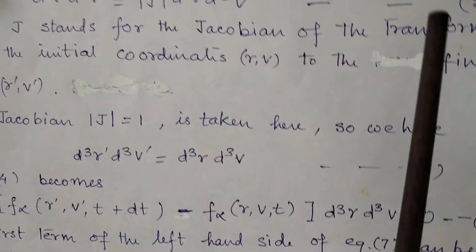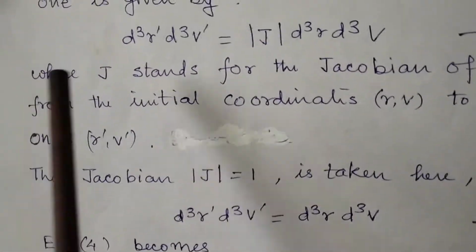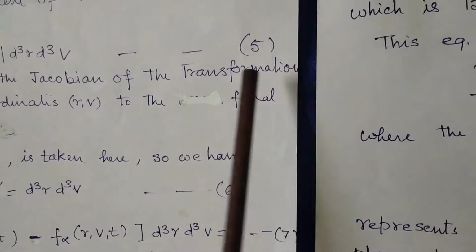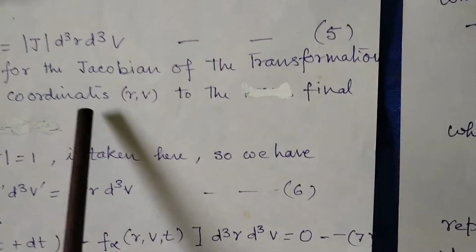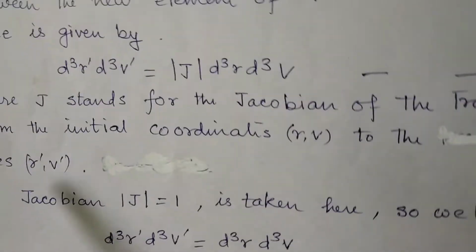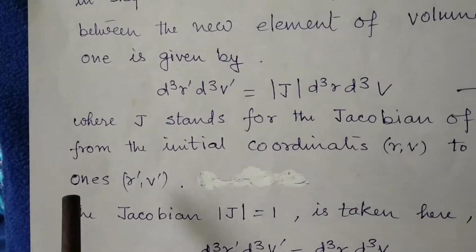This is equation number 5, where J stands for the Jacobian of the transformation from the initial coordinates r, v to the final ones, that is r′, v′.